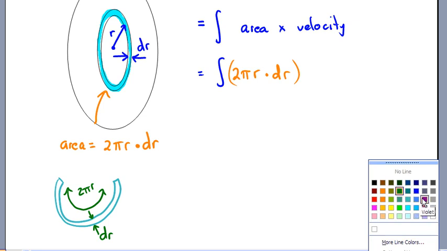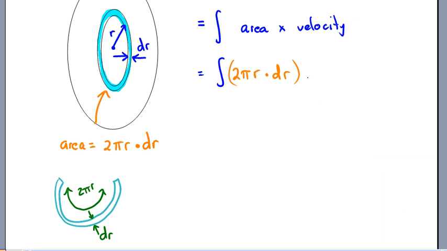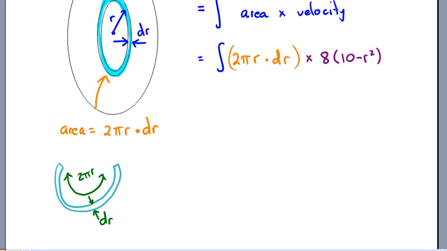And then the velocity, well, they told me that the velocity was going to be 8 times 10 minus r squared. Okay, well, I'm going to rearrange that a little bit just to make it look nicer, and then we'll be ready to go.